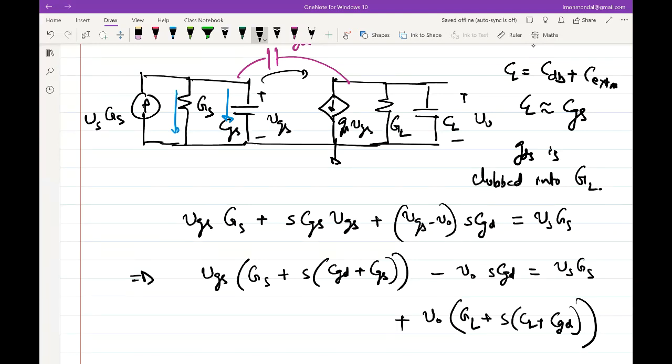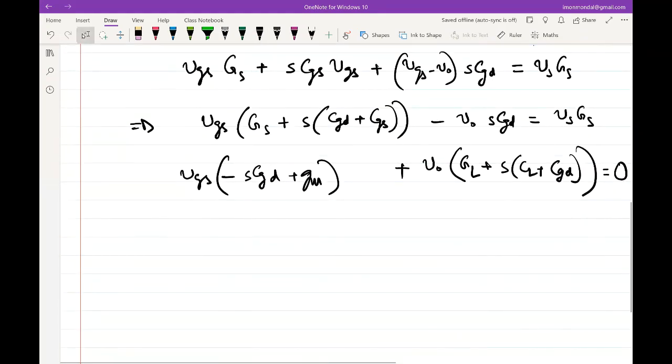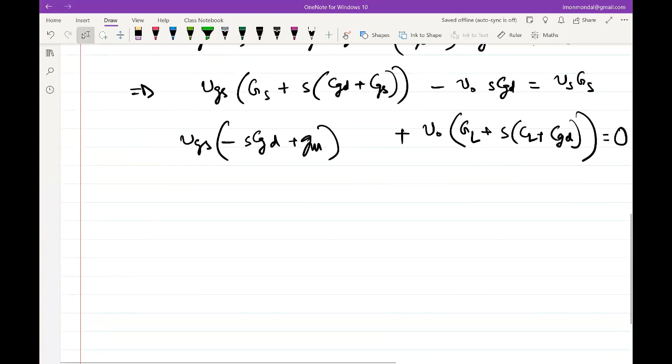And what will be the effect of VGS? Minus, so if I want VGS right here, minus of what? SCGD. Anything else? Plus GM. This is equal to 0. So in 2 by 2 matrix form, we can express it in that form.